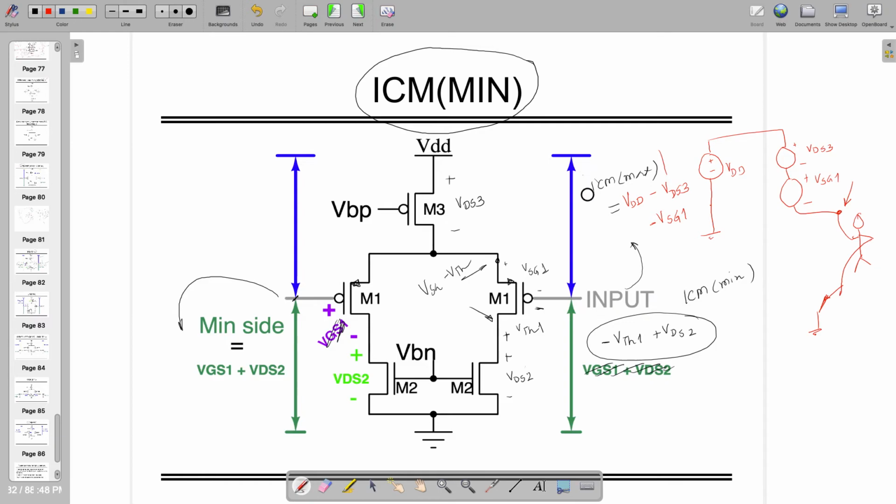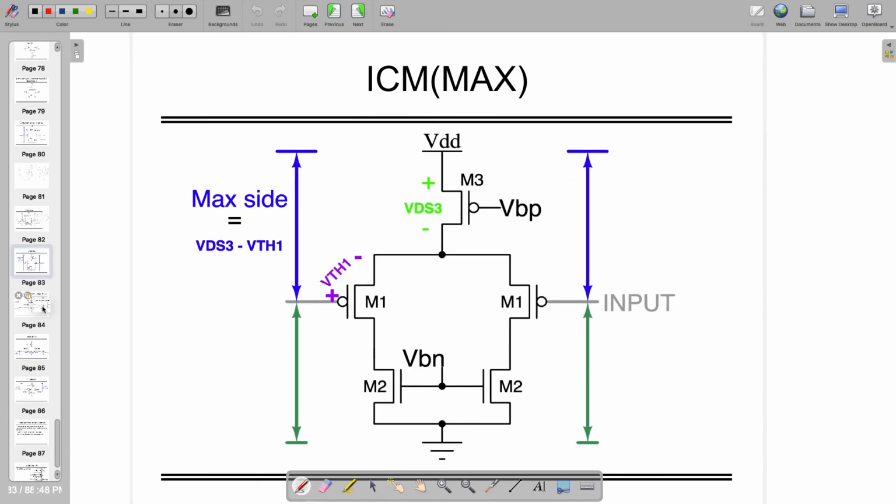So you can have such voltage for minimum side and maximum side, and you can find out the input common mode minimum and maximum, right? As denoted here, there is a small mistake because this will not be VTH1, so do not follow this. This is wrong. It has to be VSG. From here to here it's VSG1.